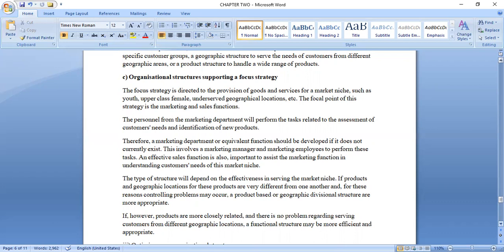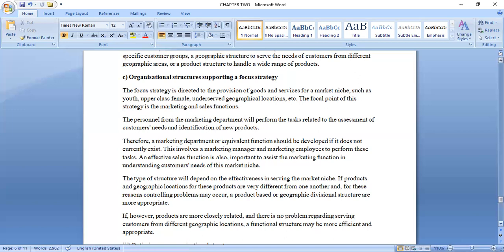Basically, it is market segmentation, for those of us that have done some marketing, where the business is targeting a particular market segment, for example, in terms of age, sex, geographical locations, and so on, right?